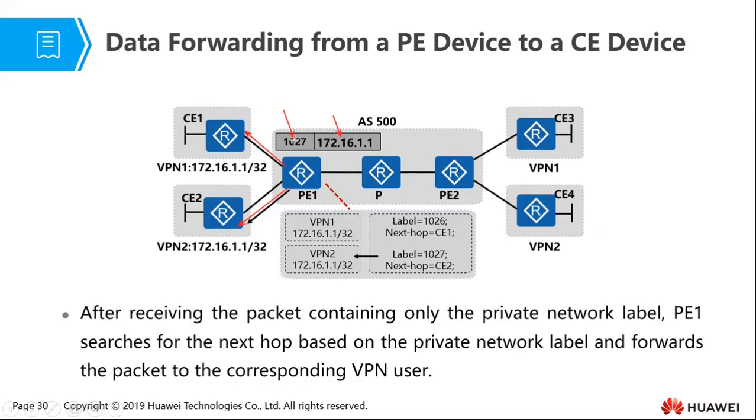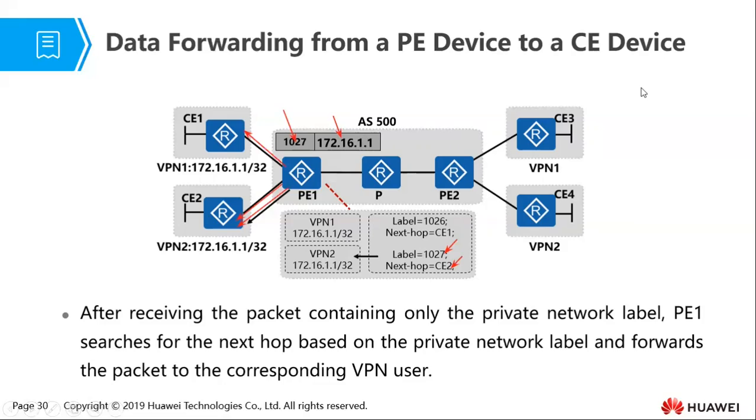So it checks that particular label 1027. If it checks in its global routing table, it's going to see that for 1027, the next hop is CE2. And therefore it's going to send it to this guy and not CE1. So that's how that inner label is used.